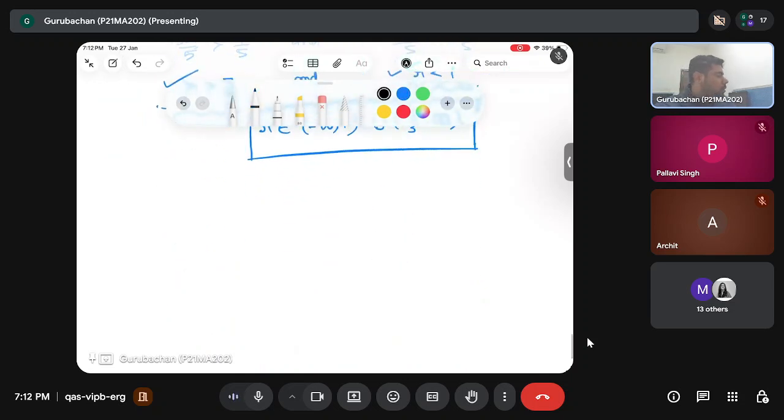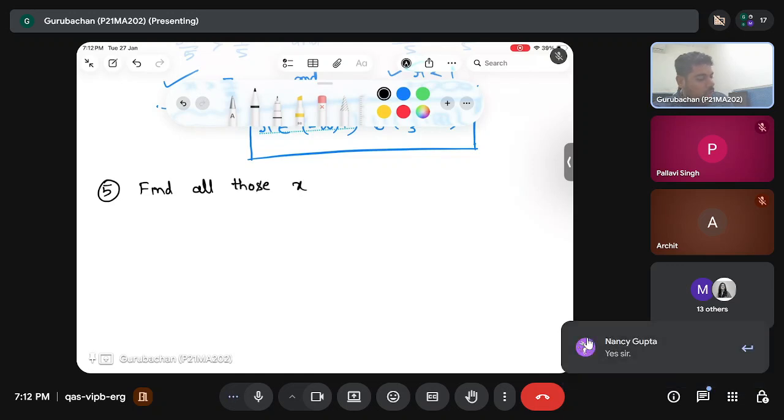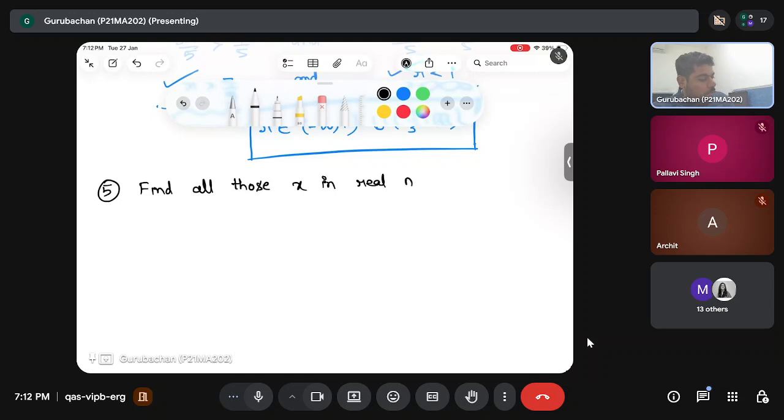Now the next one. Find all those x such that x square minus x is less than 0.